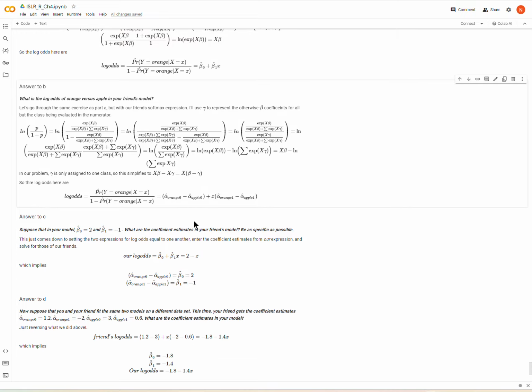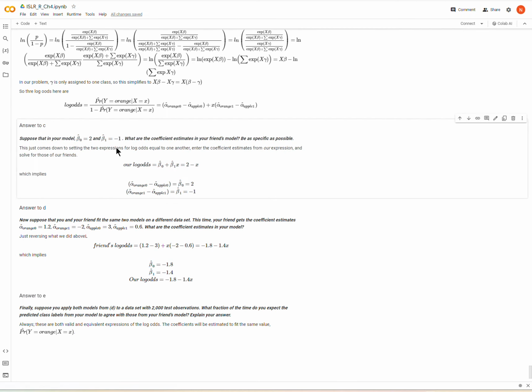Now part C: we say that we find estimates for our coefficients of beta naught to be 2 and beta 1 to be -1. So that means that our log odds equals 2 minus 1 times x, so 2 minus x. Now we're supposed to say something about what our friend would find in terms of their coefficients.